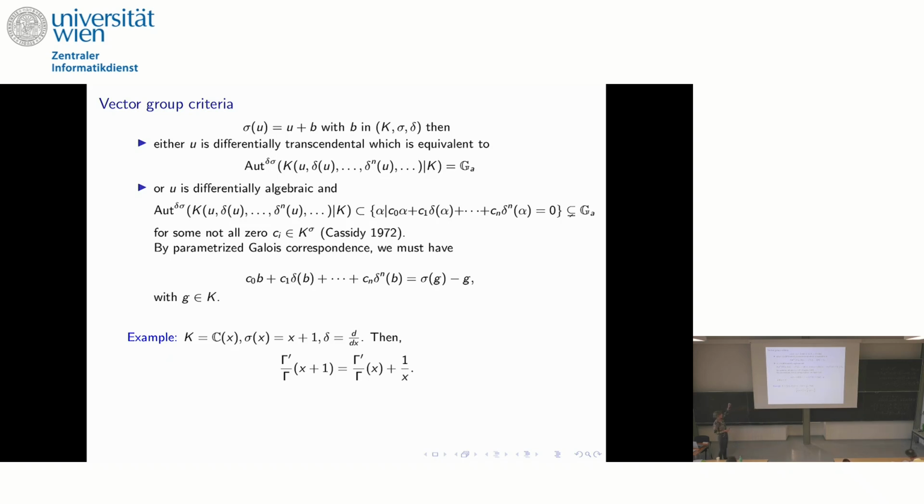Suppose that gamma is not differentially transcendental. Then it is differentially algebraic, as well as its logarithmic derivative. We must have this relation on the coefficients. This gives that I can find some non-zero complex numbers c_i, and g a rational fraction, so that this identity holds.